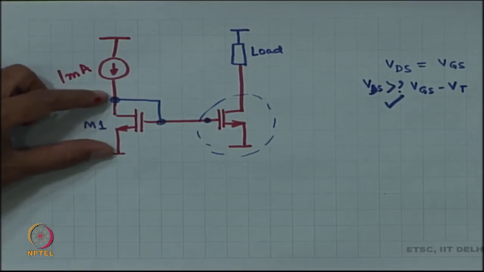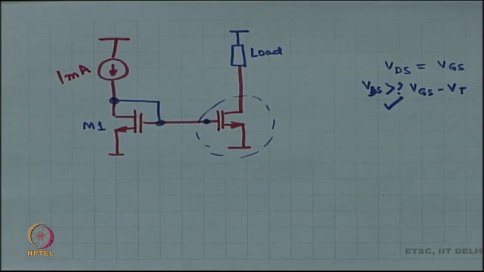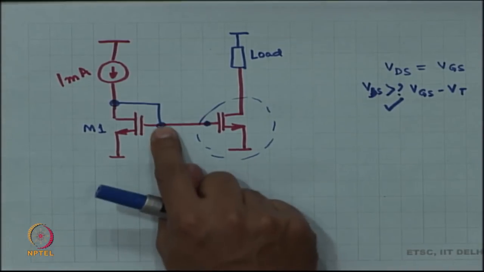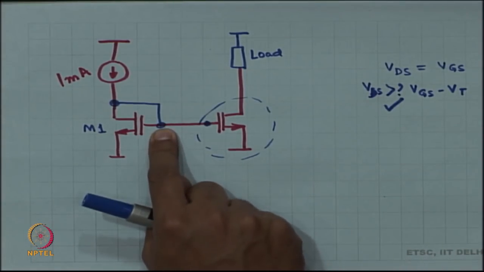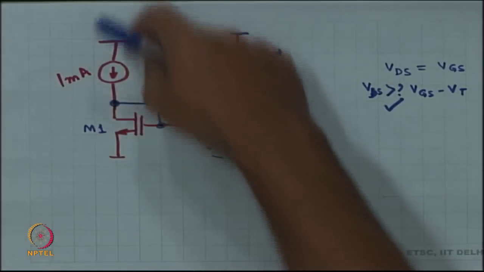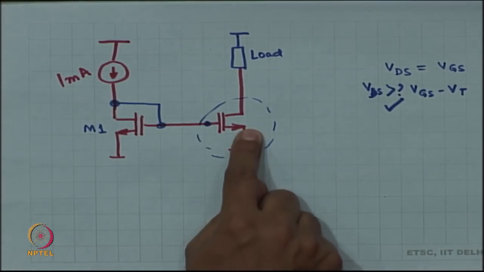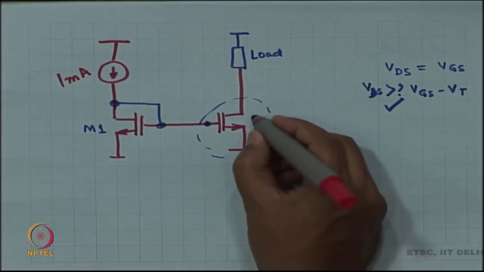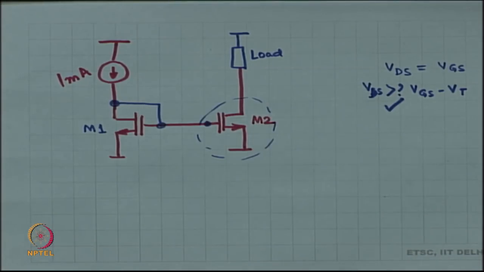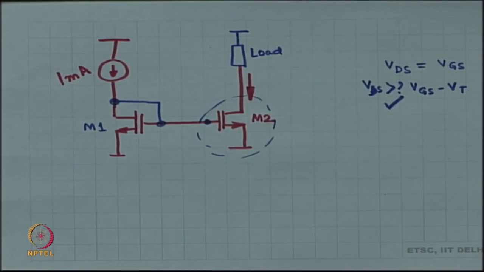All right. So, this MOSFET M1 happens to be in its flat region. So, this gate voltage that I have created over here is just right such that M1 remains in saturation and 1 milliampere comes through. So, if I apply the same gate voltage to M2, then hopefully the current here will also be equal to 1 milliampere.